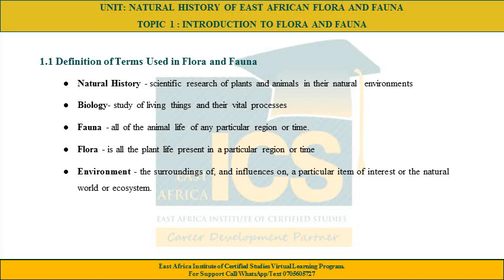And the last term is environment. What is environment? Environment is the surrounding of and influences on a particular item of interest, or the natural world or ecosystem. The environment can be defined as the sum total of all the living and non-living elements and their effects which influence human life.